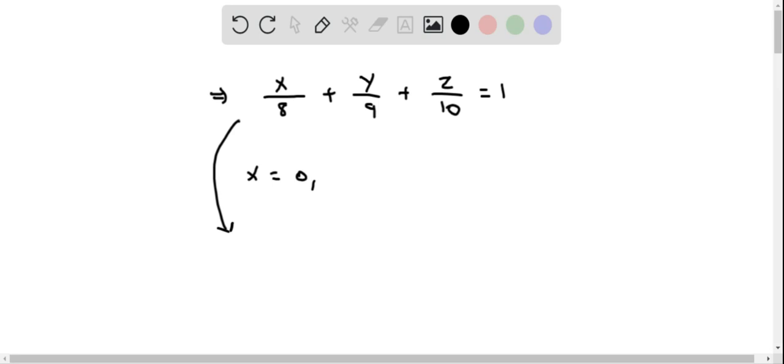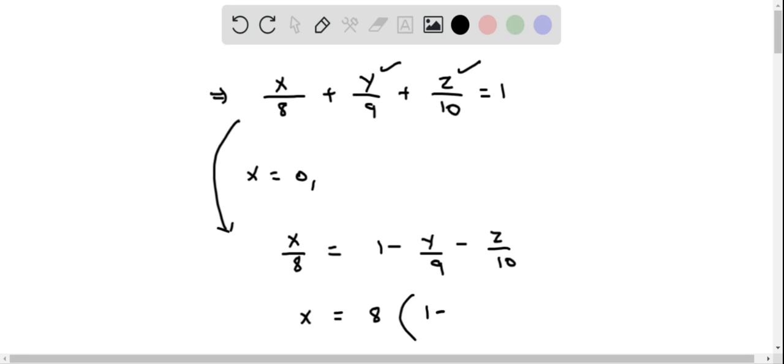First, we subtract the terms y by 9 and z by 10 on both sides. So we get x by 8 equals 1 minus y by 9 minus z by 10. And so we multiply both sides by 8. Therefore we get 8 times this expression, that is 1 minus y by 9 minus z by 10.